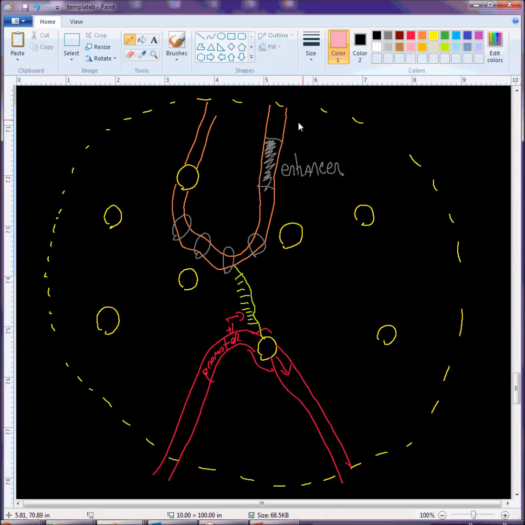And we'll have specific transcription factors bound here. We'll have the mediator complex bound here. Name that M. And let's say this is the promoter region right here, and this hasn't started transcribing yet.